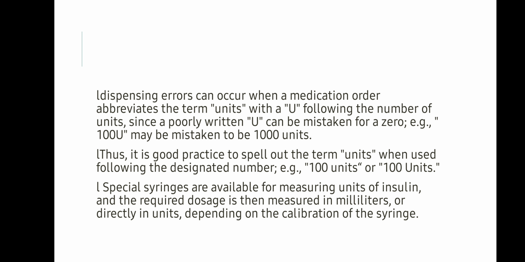Special syringes are available for measuring units of insulin, and the required dosage is then measured in milliliters or directly in units depending on the calibration of syringes. So, meron na insulin na naka-vials. Yung naka-vials na insulin, yun yung kailangan pa natin ng syringe.